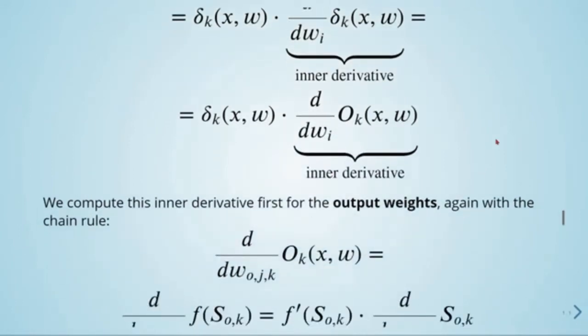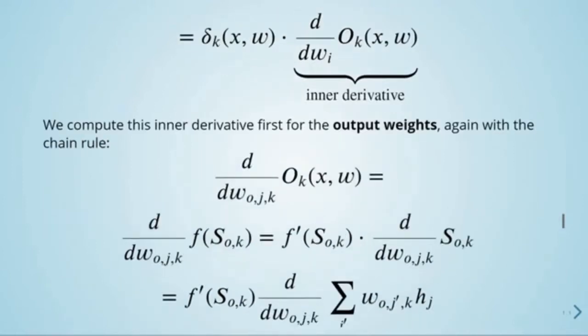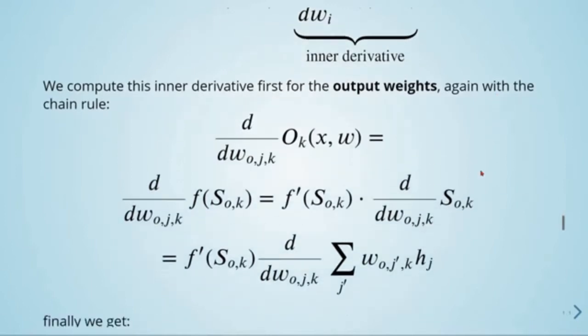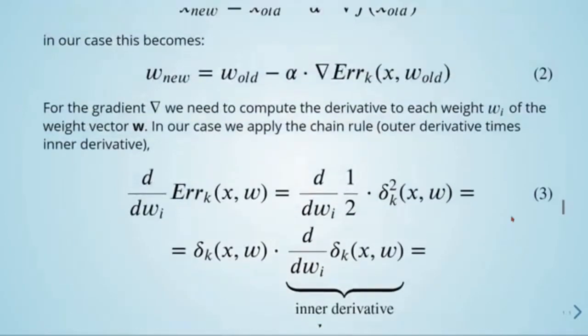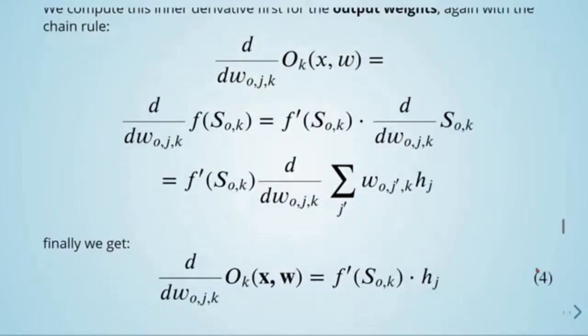And we can compute this inner derivative first for the output weights, and again we will use the chain rule, and finally we will get this equation 4 here. So we have these equations 2, 3, and 4.